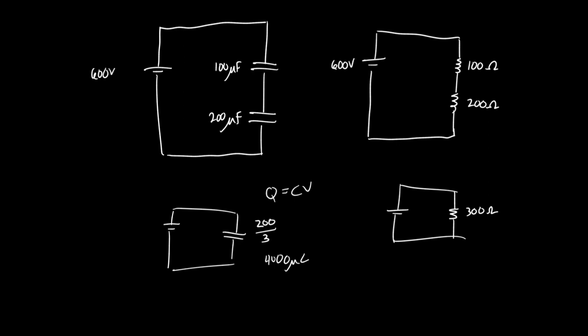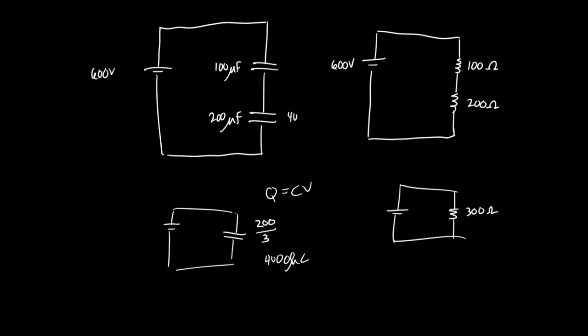Is that right? 600 divided by 3 is 200. 200 times 200, 4,000. Or is it 40,000? So another 0. Okay. That enough zeros? All right.